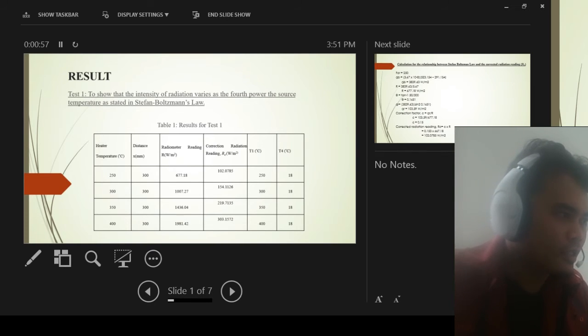The heater temperature is already given, which is 250 degrees, 300 degrees, 350 degrees, and 400 degrees. The distance is constant, which is 300 millimeter. The next slide shows how to calculate and get the values for the radiometer reading and corrected radiation reading.